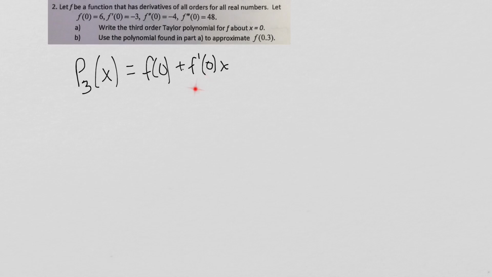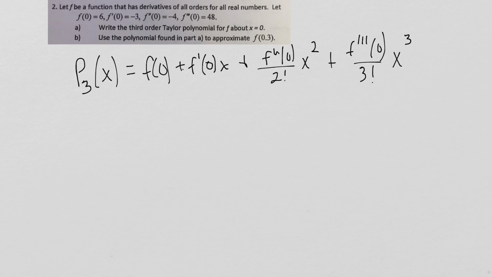Remember, we've talked about it a lot, that is the tangent line part of this. Plus f double prime of 0 over 2 factorial. That guy is my x squared term. Plus f triple prime of 0 over 3 factorial times x cubed.